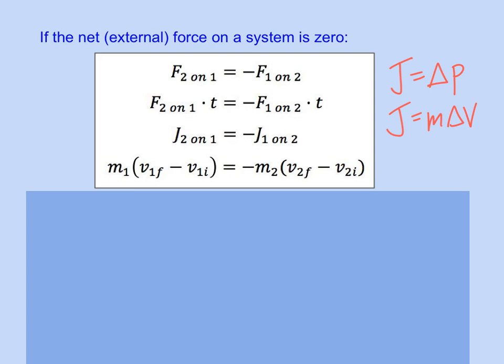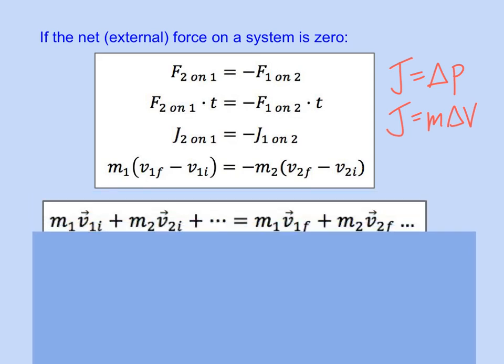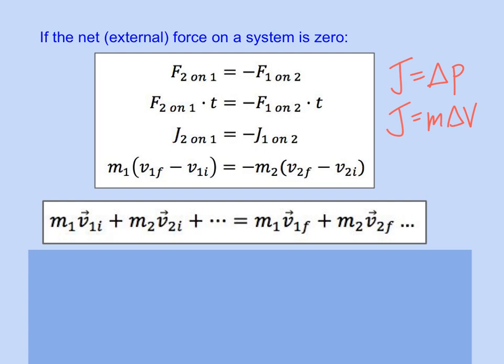If we go through and do a little bit of algebra and bring all the final things on one side and all the initial things on the other side, we will find an expression that looks something like this. I've formalized it a little bit here, added some vectors to remind us that velocity has a direction. So when you're working with conservation of momentum, unlike when you worked with conservation of energy, you have to pay attention to direction.